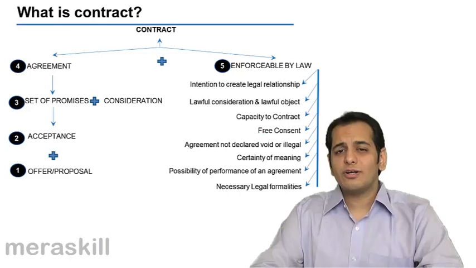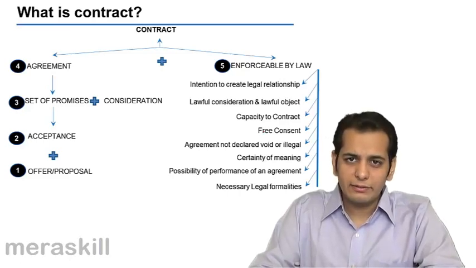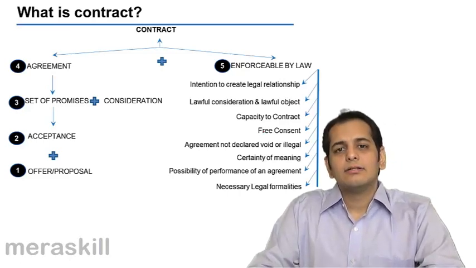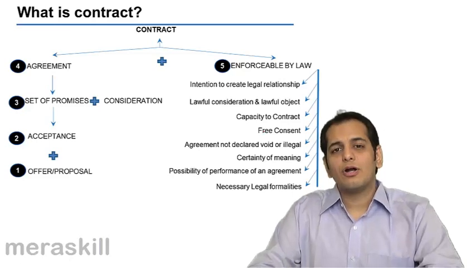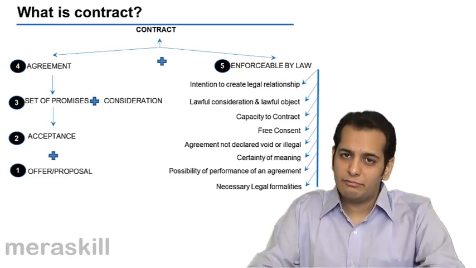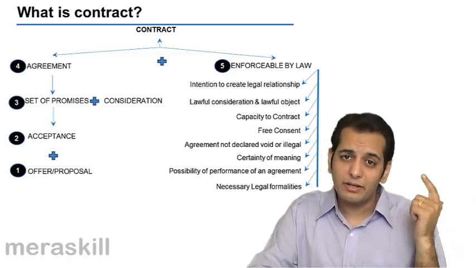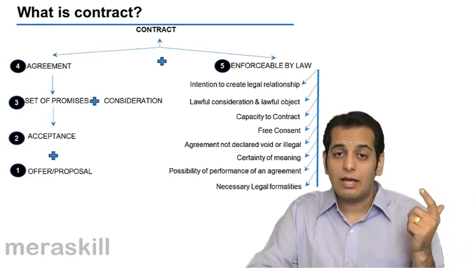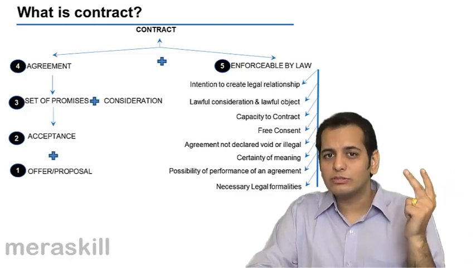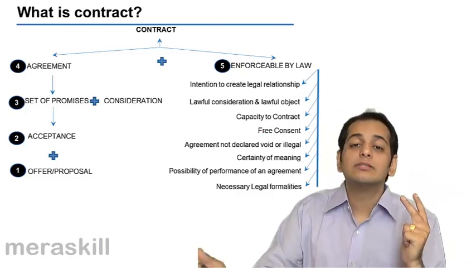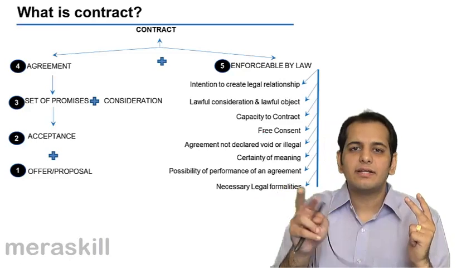In the nature of contract, we studied what's a contract, and while studying it, we said a contract is formed by 5 things. The first was offer, the second was acceptance, and the third was a set of promises forming consideration for each other.